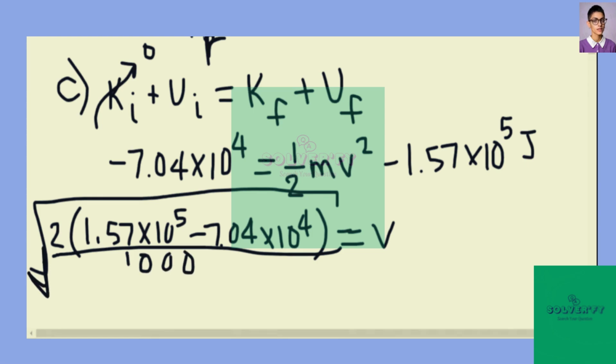Okay, so let's put that in. So all of that inside of the square root is divided by 1,000. And that gives me 13.16 meters per second.